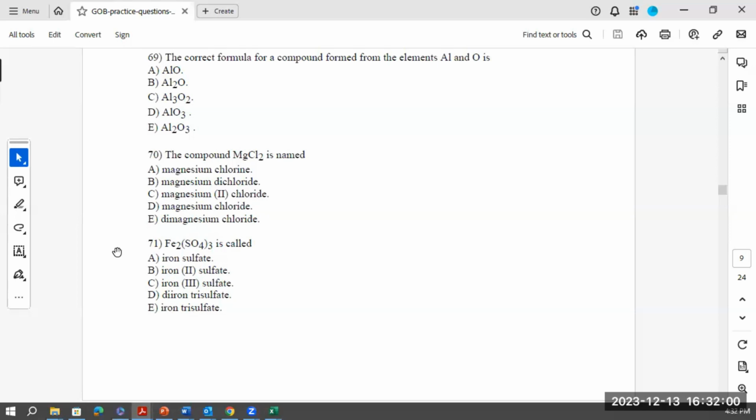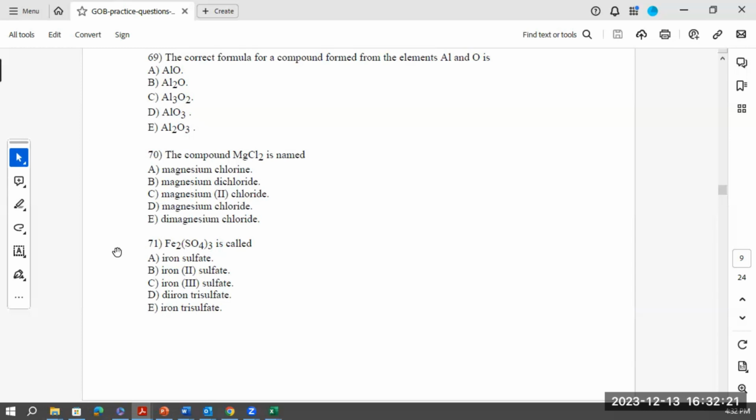So the reason why it's not C is because we know that these two metals are always the same, and the only ones that we put Roman numerals on are transition metals. Gotta remember that. So transition metals are the ones that get the Roman numerals, like number 71, right?